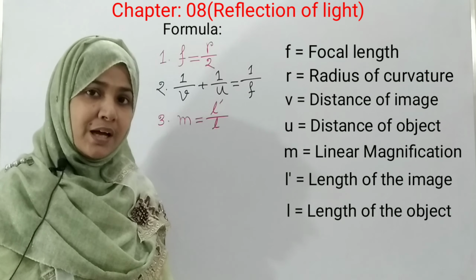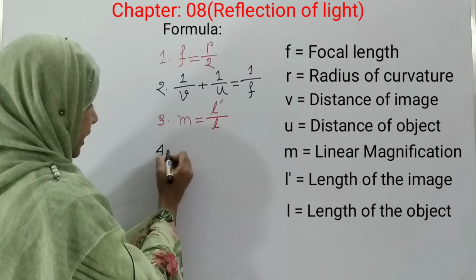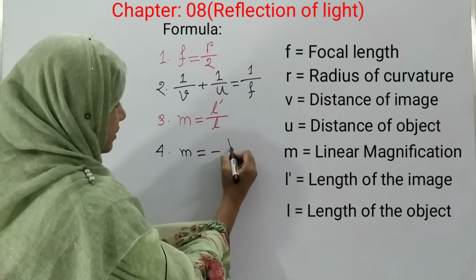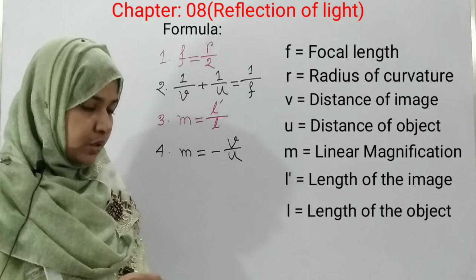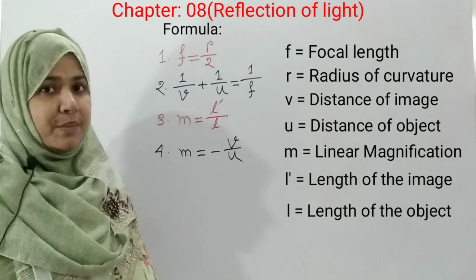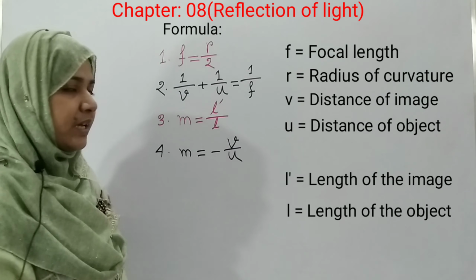And the fourth formula is also for magnification, and this formula is M equals minus V by U. So V means the distance of the image, U means the distance of the object, and M is magnification.